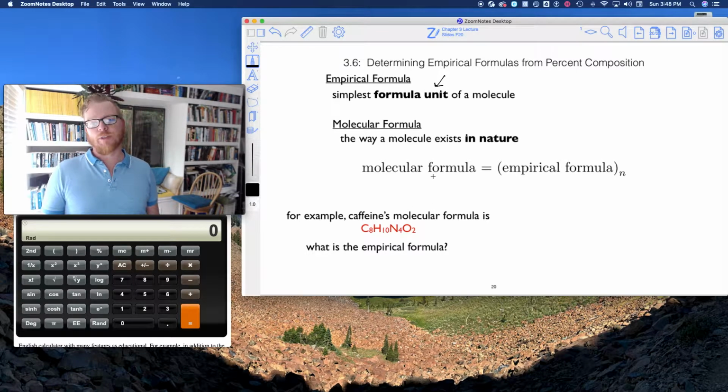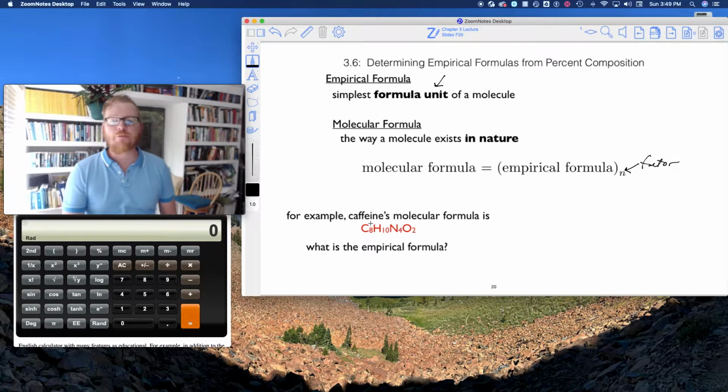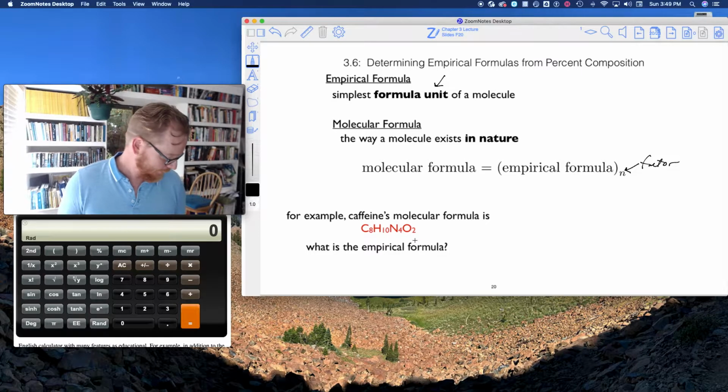Okay. And there's a relationship between molecular formula and empirical formula. And it's subtle the way I've written this down, right? Notice this. Molecular formula equals the empirical formula times some factor. Okay? So for example, caffeine's molecular formula is C8H10N4O2.